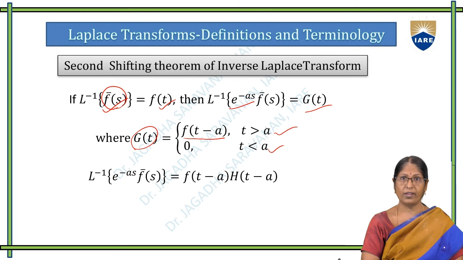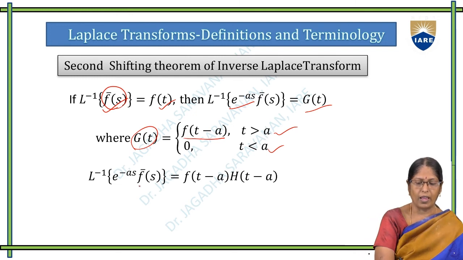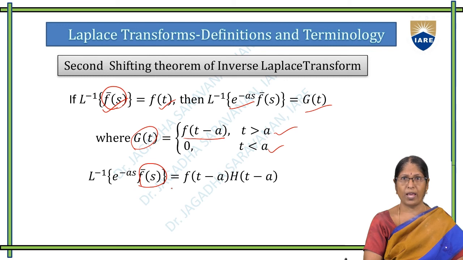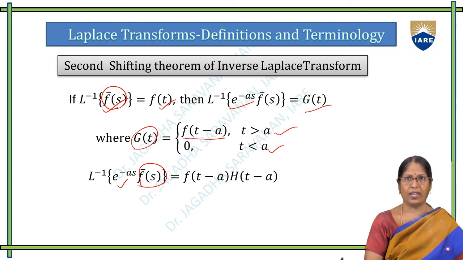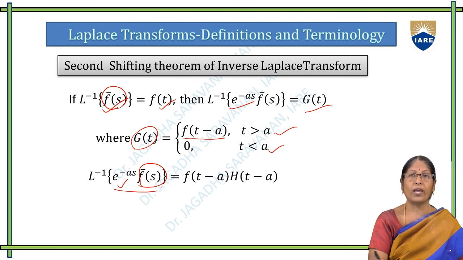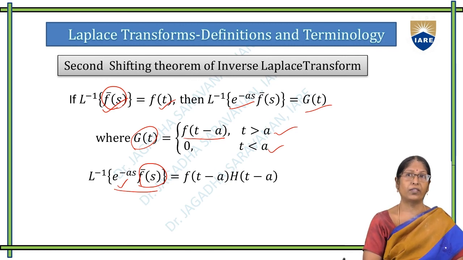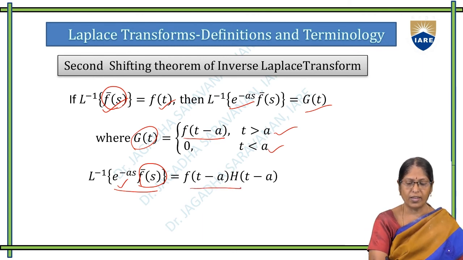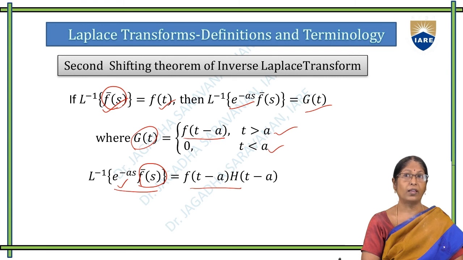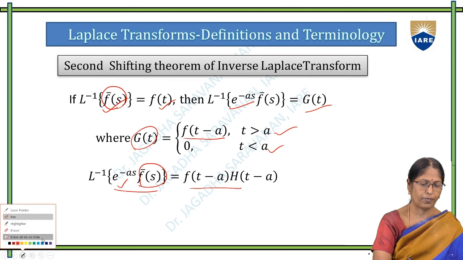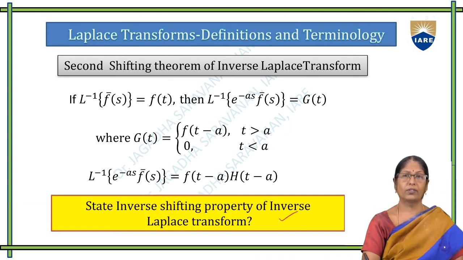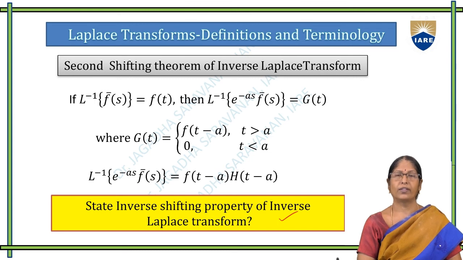So if F bar of s is multiplied by e power minus as, in this format, we apply the second shifting theorem of the inverse Laplace formula. The result is f of t minus a into h of t minus a. So the possible question is: state the second shifting theorem of the inverse Laplace transform.